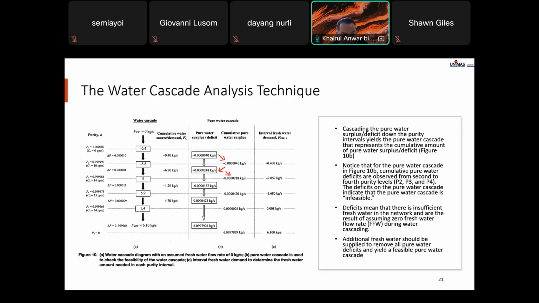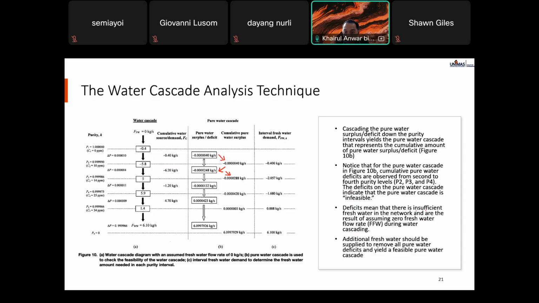The deficit on the pure water cascade indicates that the pure water cascade is infeasible.